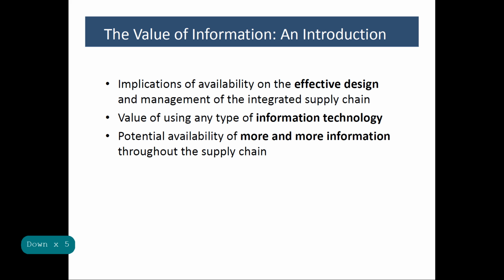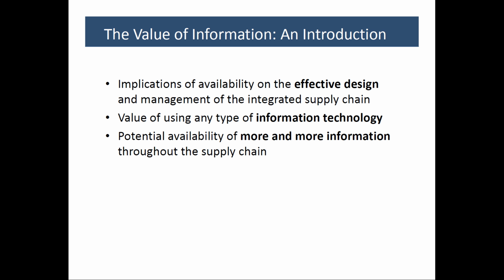So now we are talking about the value of information, and I give you a short introduction to it. With the value of information, we think about the value that information gives to a certain person or entity, and the value it implies.